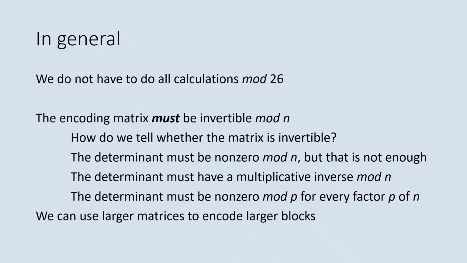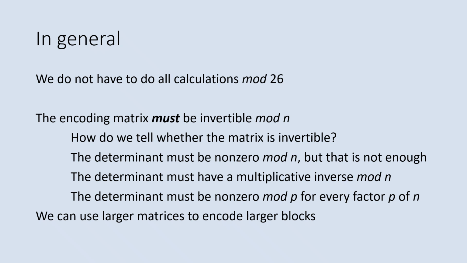And then we can use larger matrices if we want, in order to encode larger blocks. So if we want to encode 3 characters together, or 4 characters together, or 5 or 10, if we're encoding a very large set of text, then we might want to encode large blocks at once. There is overhead that goes with that.